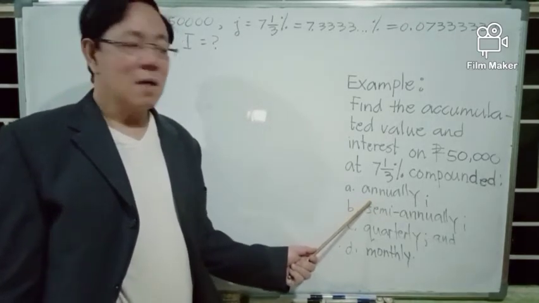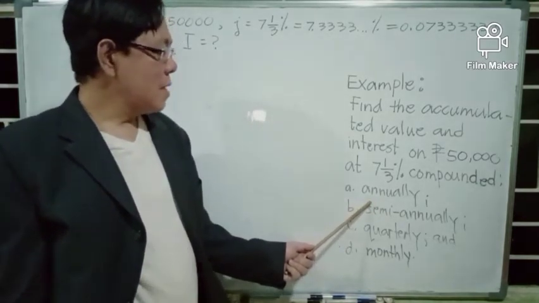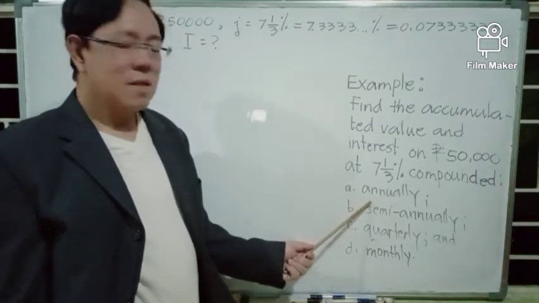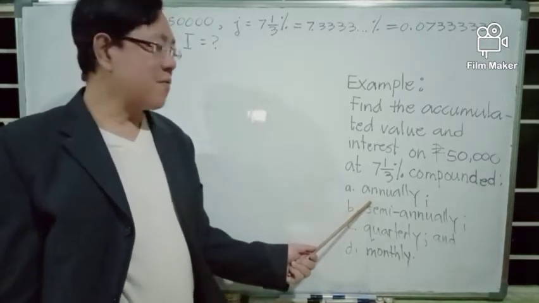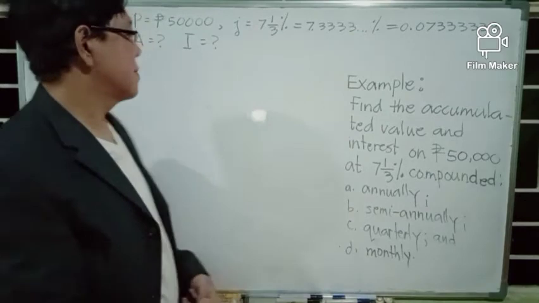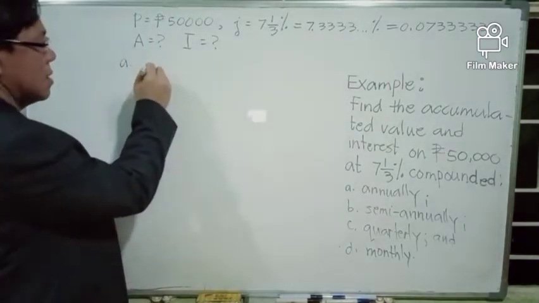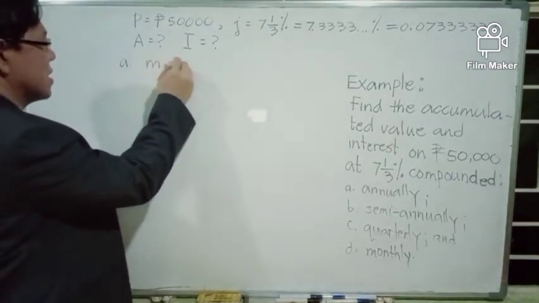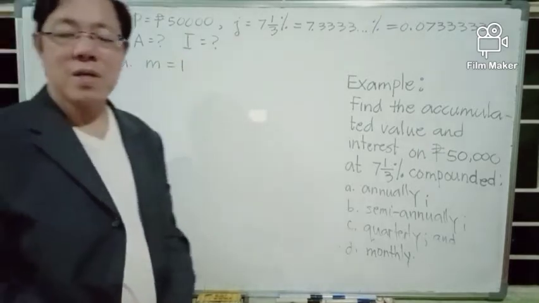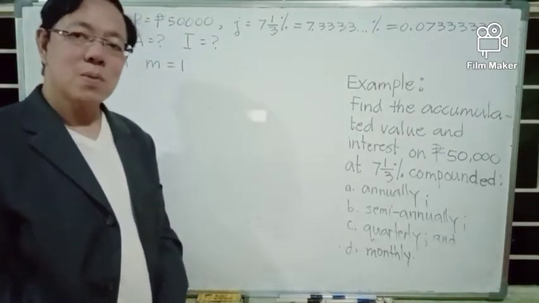That means the interest will be computed every year. And if the interest will be computed every year, M is equal to 1.